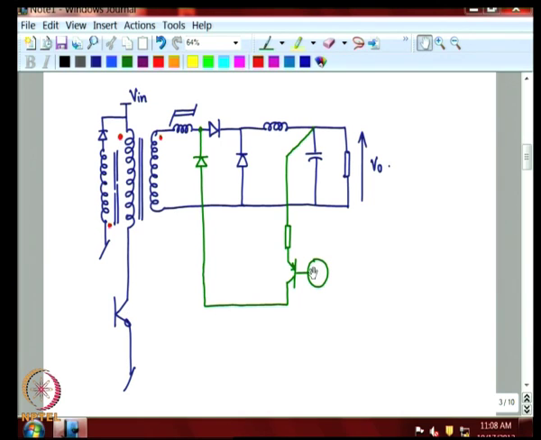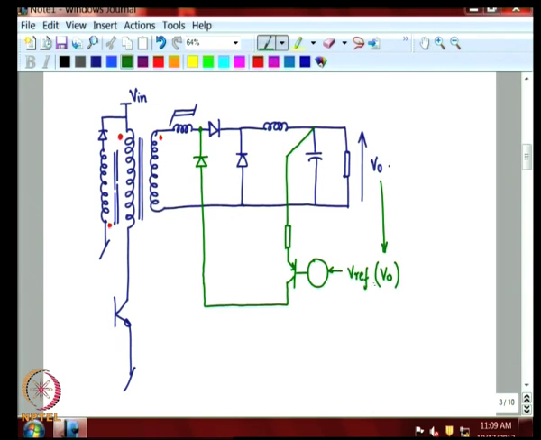So, to do that, let us have a reference. Now, what should this reference represent? It should represent V naught, which is this.